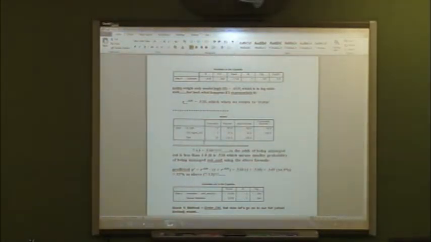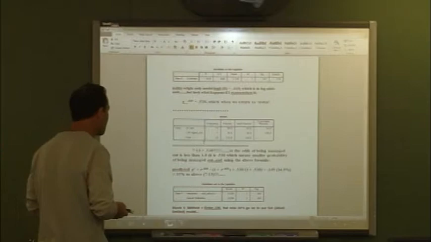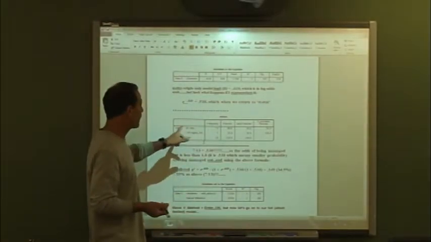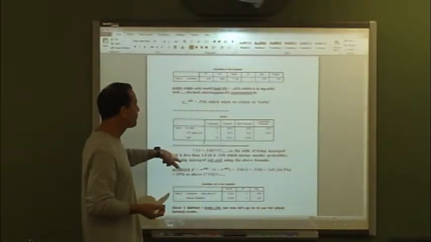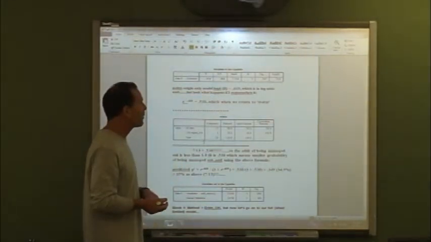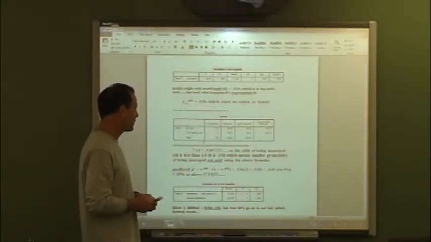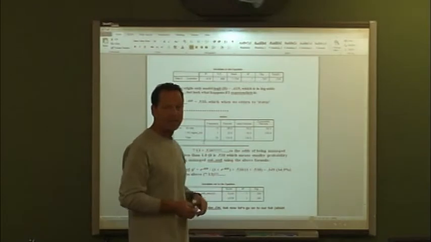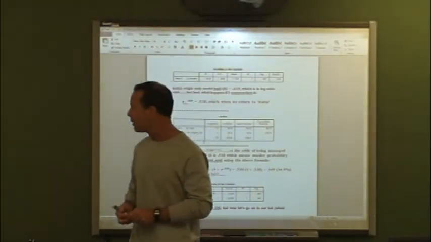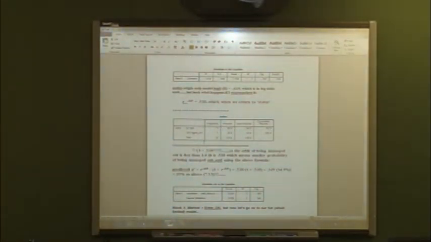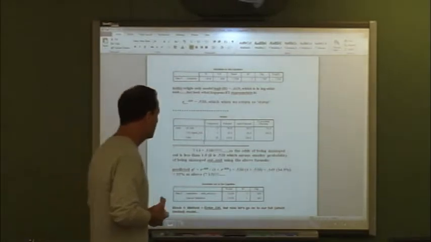e to the x. If I took this little formula, and you already told me that it is 0.538, please tell me what 0.538 divided by 1 plus 0.538 is. 0.349.